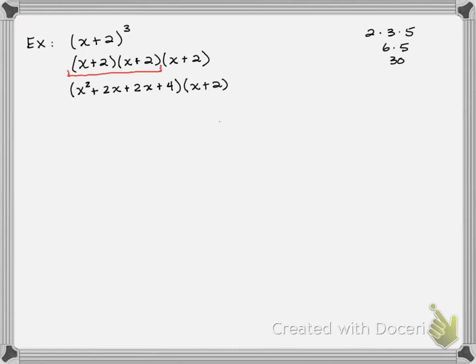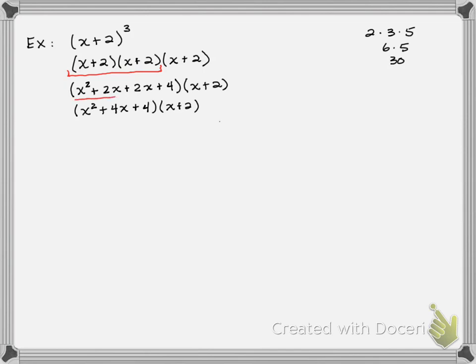And then my extra factor of x plus 2 just comes along for the ride. And then I can combine like terms. So x squared plus 4x plus 4 times x plus 2. Good?